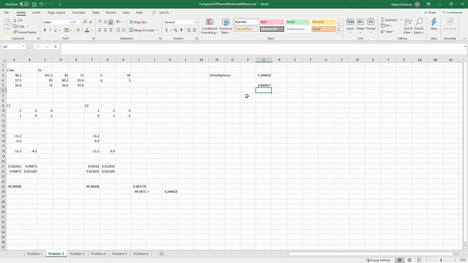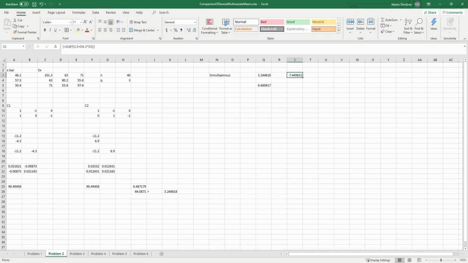So what we need is the square root of the first one plus the second one minus 2 times this one, and close.